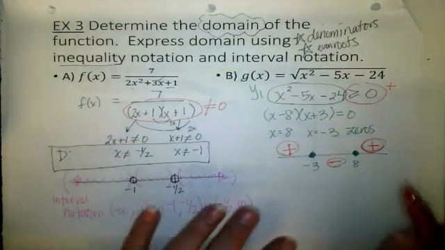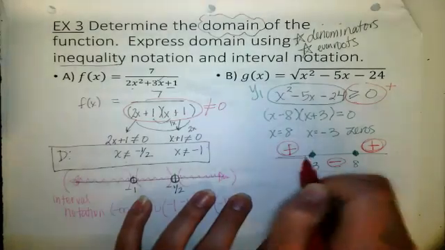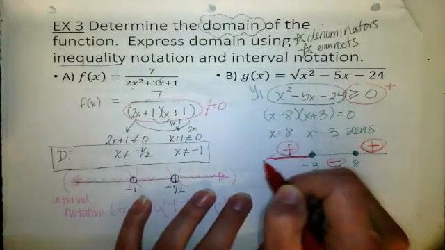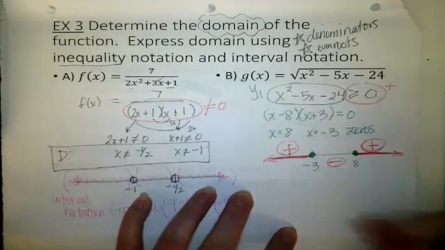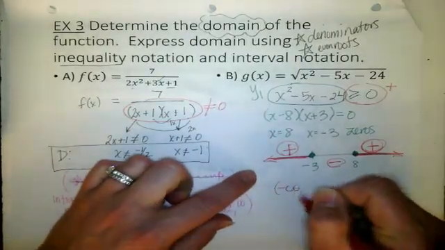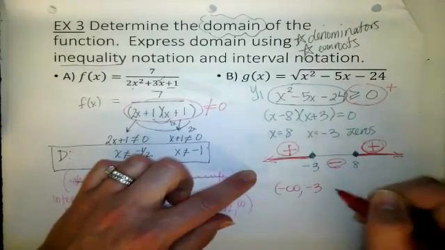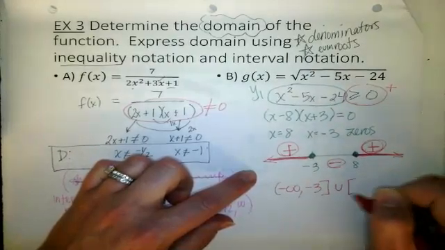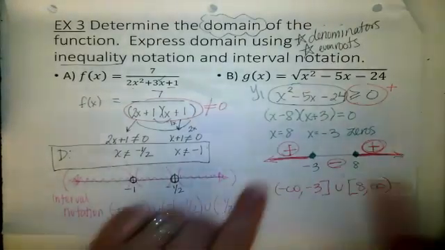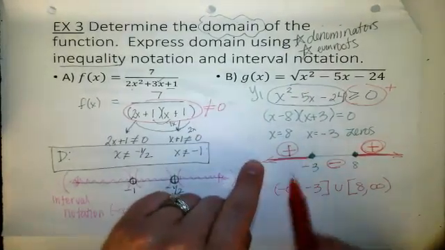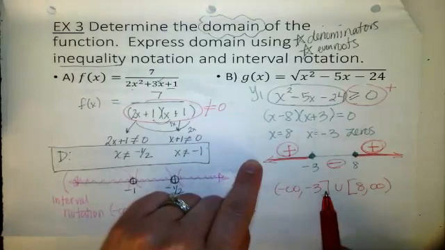So what is our interval? Negative infinity, comma negative 3, bracket, union, 8 to infinity. All right. So all of these x values from negative infinity to negative 3.